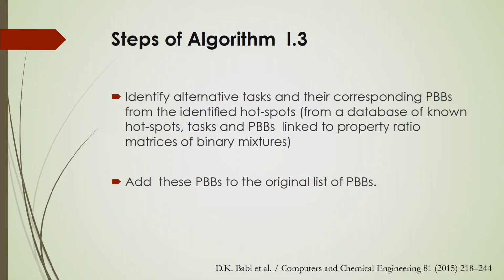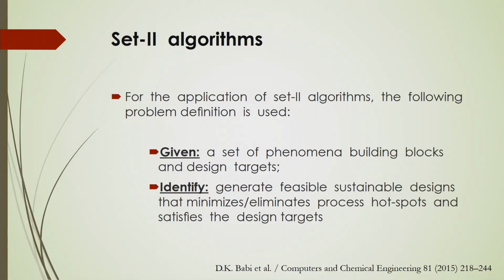And then you have to add all those phenomena based building blocks to the original list of phenomena based building blocks. So, this is the case where identification of the tasks and their corresponding phenomena based building blocks is required at this step of algorithm 1.3.